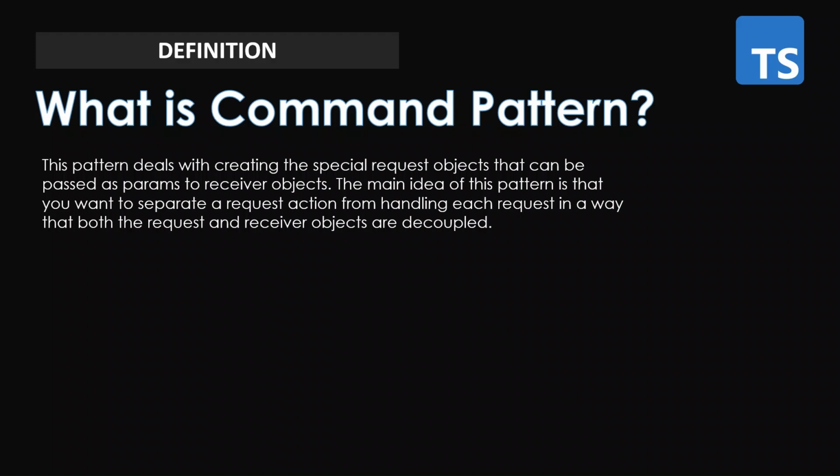So let's say you create an object that contains all the information necessary to perform actions such as triggering notifications or sending mails or whatever. Now this object will contain information such as the receiver's email address, name, and so on. So this receiver just knows how to process the commands and employs the appropriate handler depending on the type of the command.